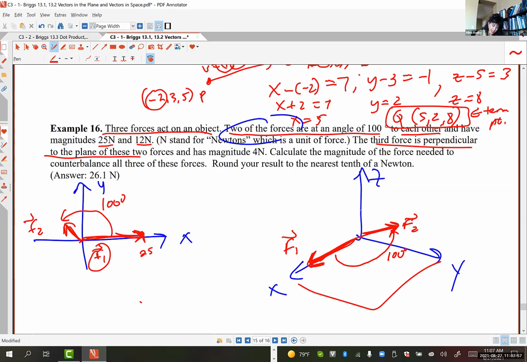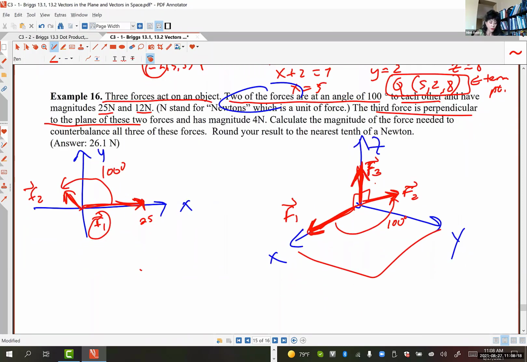And then F3 is perpendicular to both of these, making a 90-degree angle with both. He's sticking straight up, and I will call him F3, and he's only 4 newtons. The question is, if we got the resultant force, and we wanted a force to basically obliterate that resultant force, how would we do it?